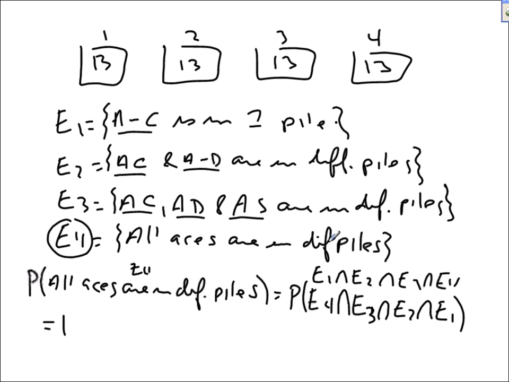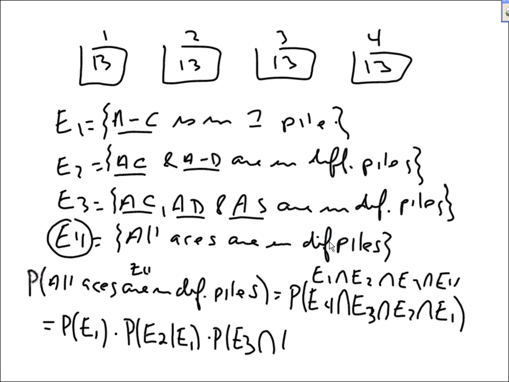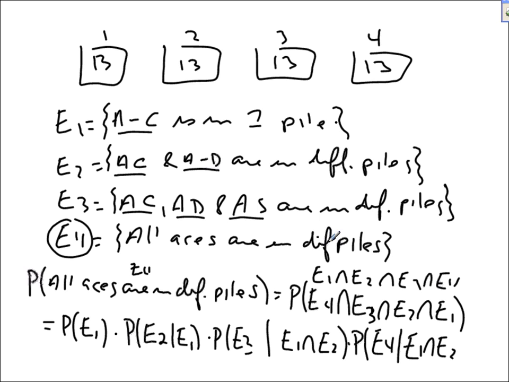That is, this is equal to the probability of E1 times the probability of E2 given E1 times the probability of E3 given E1 and E2 times the probability of E4 given E1 intersect E2 intersect E3.